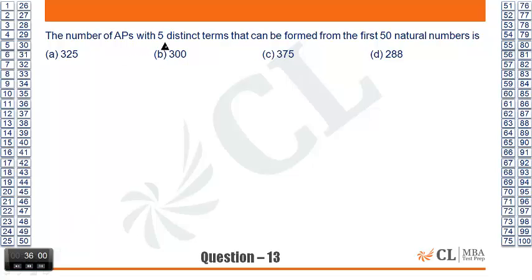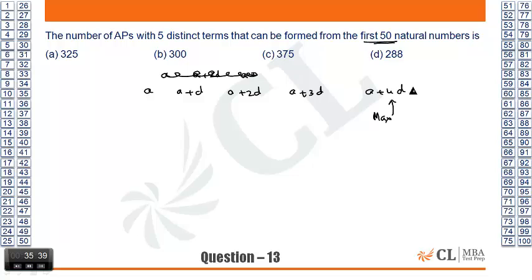So let's do this. AP, 5 distinct terms. So we have A, A plus D, A plus 2D, A plus 3D, and A plus 4D. 5 distinct items can be formed. So the only constraint is that the maximum value A plus 4D can take will be equal to 50.